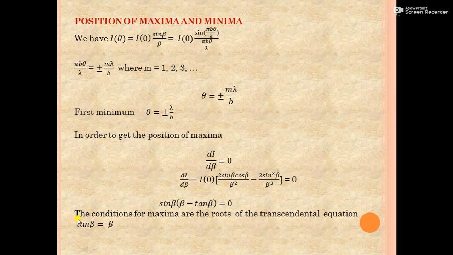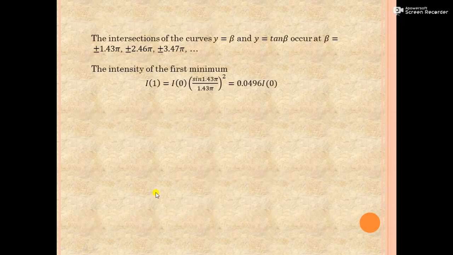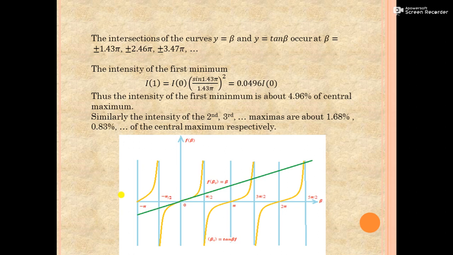Then the other roots can be found by determining the points of intersection of the curves y equal to beta and y equal to tan beta. These yellow curves are the tan beta curves, and the green curve is y equal to beta.